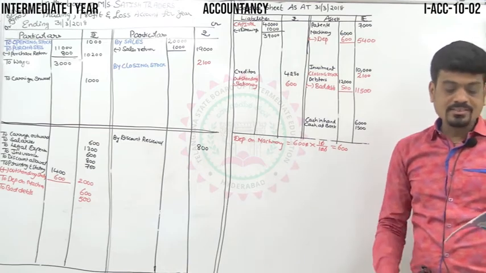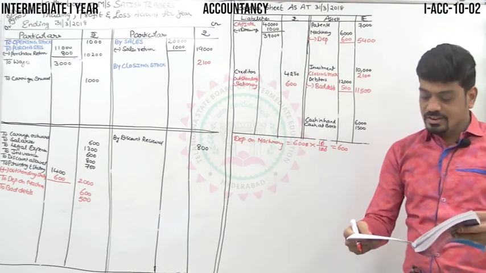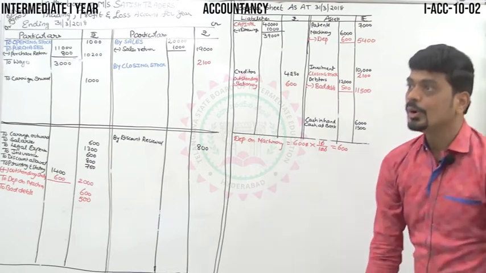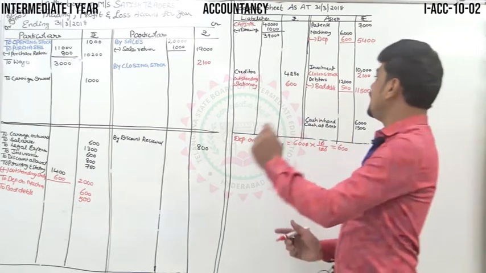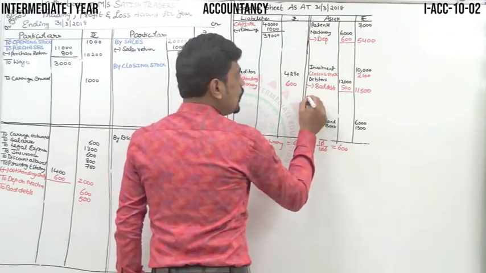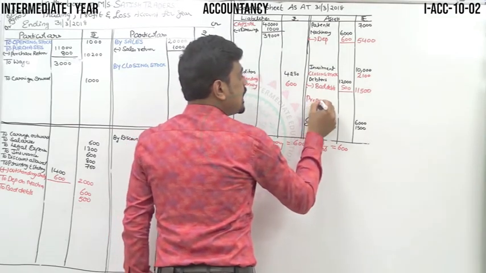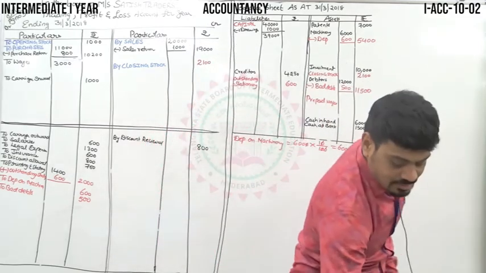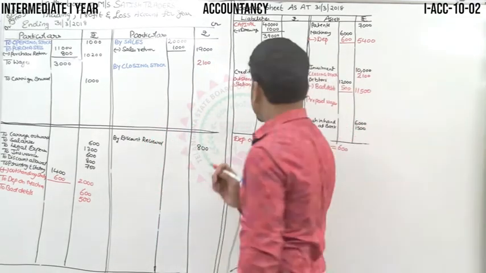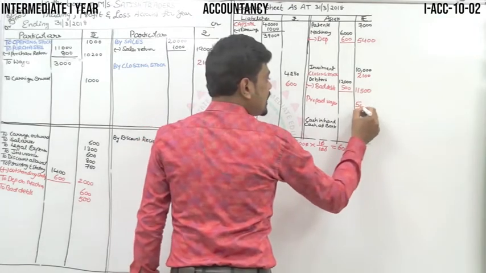Then, last adjustment, prepaid wages 500. They told prepaid wages. Effect number 1 of prepaid is what? It is an asset. So, here, prepaid wages, they give you amount 500. Effect 1, 500.